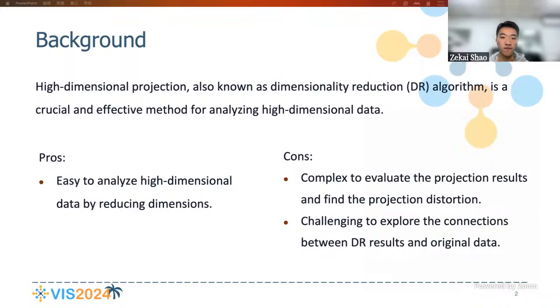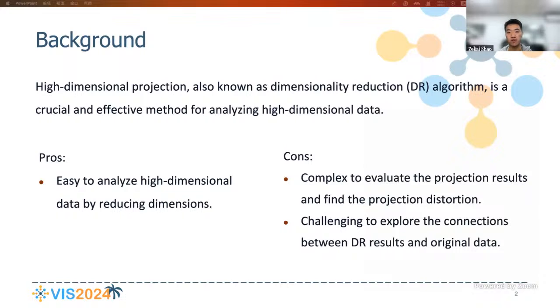First, due to the black box nature of these projections, it's difficult for users to understand how these results are obtained and to identify where and to what extent errors or distortion occur during projection. It's also challenging to explore the connections between the original data and the projection results. So the projection results need to be more interpretable.